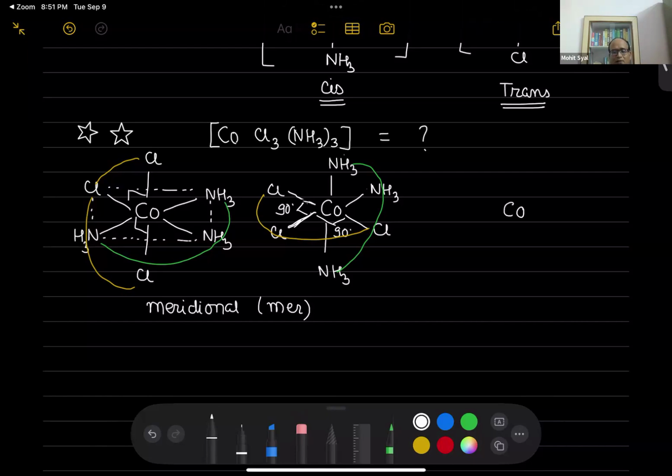So what will be the other isomer? The other isomer will be known as facial. And how will it look like?